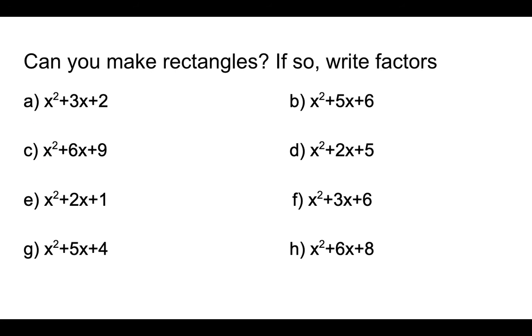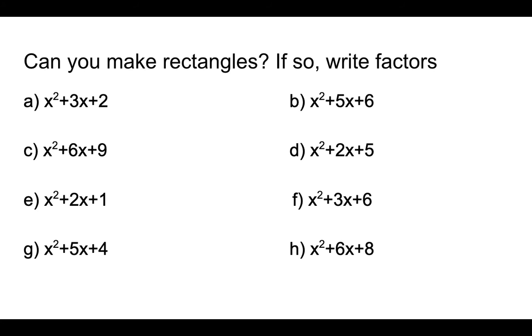So I want you to pause the video, think about it, about can you make a rectangle or not? Some of you may have realized that if you can find 2 numbers that multiply to give the last number and add to give this number, that means you can make a rectangle. So pause the video right here and try to decide if you can make a rectangle out of these. And if so, try to write down the factors.